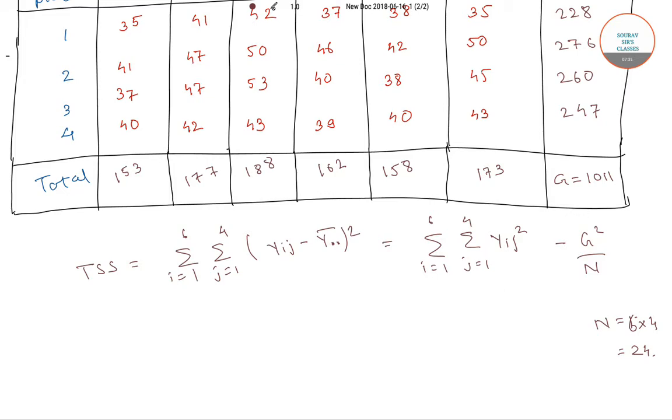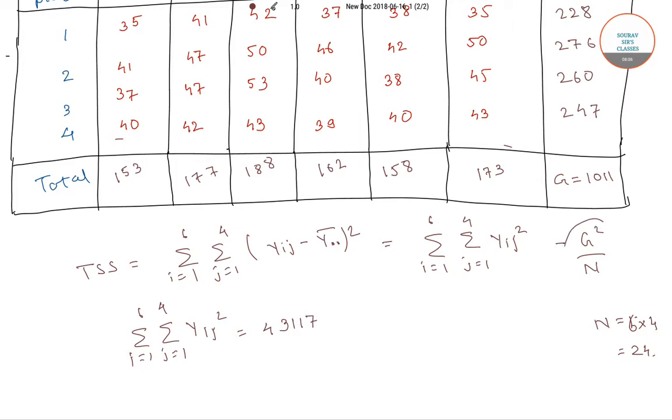Now Yij square is the sum of squares of all the observations. By squaring each of the observations and then adding them, we get the summation of Yij square equal to 43117.